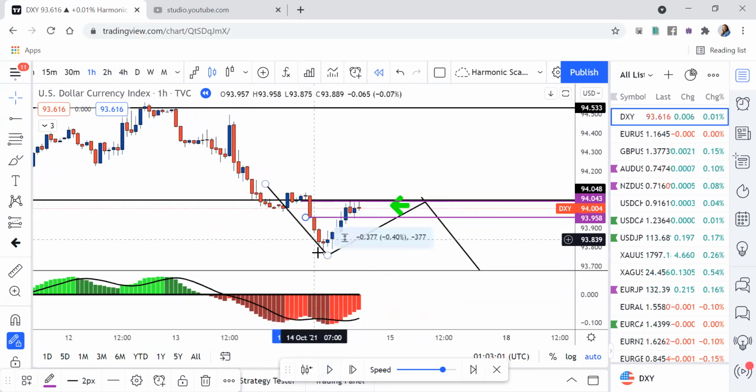So we had a break, a retest. Now we look to get in for ourselves.